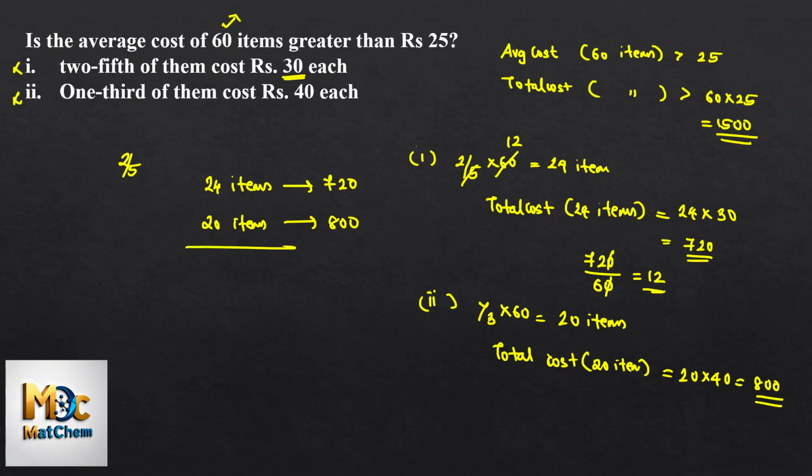If you add it up, you will get 44 items costing 1520. Since the total cost of 44 items is 1520, the average cost of 60 items would be greater than 25, because we were checking whether the total cost of 60 items is greater than 1500. Even by 44 items, you get 1520, which is greater than 1500.